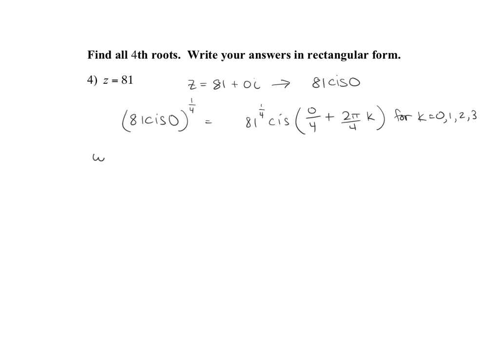So the first root is when k is equal to 0. If k is equal to 0, this turns into 0, and 81 to the 1/4 is 3. So at 0 radians, the cosine is 1 and the sine is 0. So this is equal to 3.